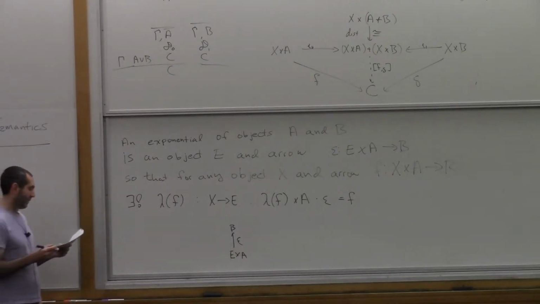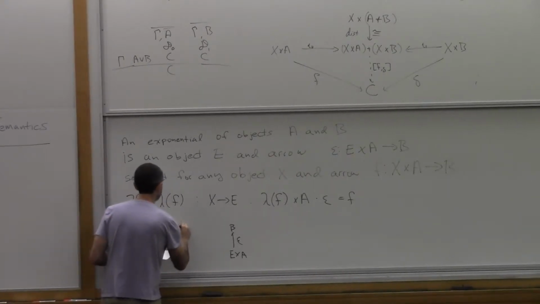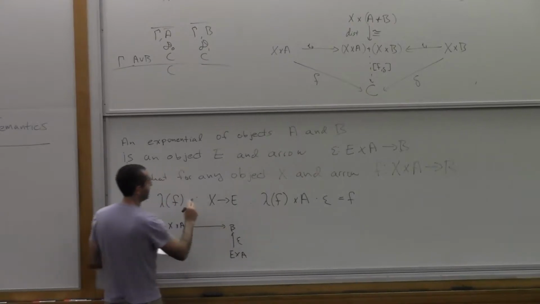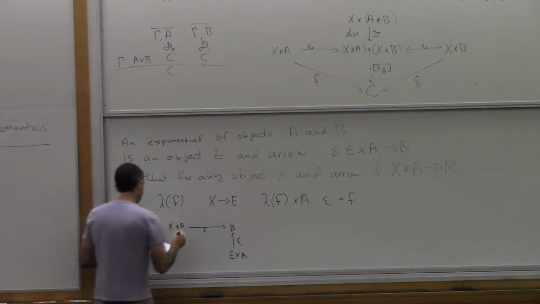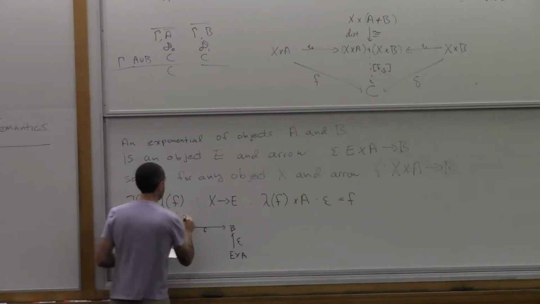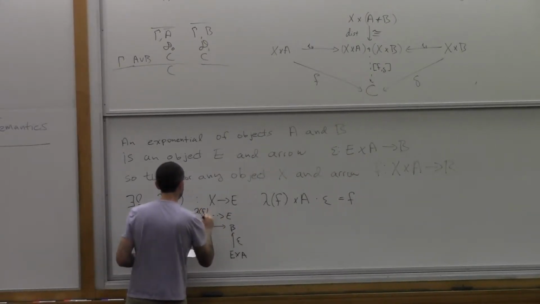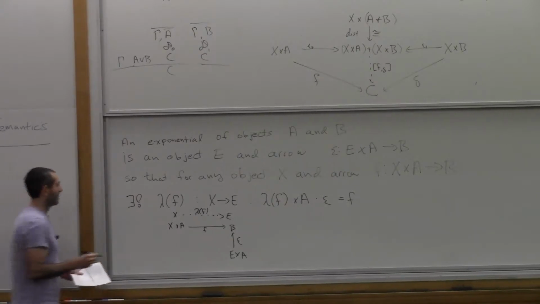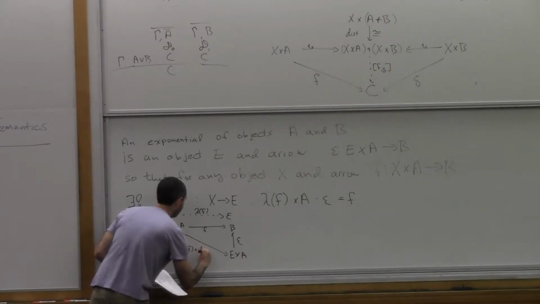Okay? Now, for any object X, and map from X cross A to B, which we'll call f, there is a unique map from X to E, which we call the lambda of f, such that when we take the product of that with the identity map on A, right?